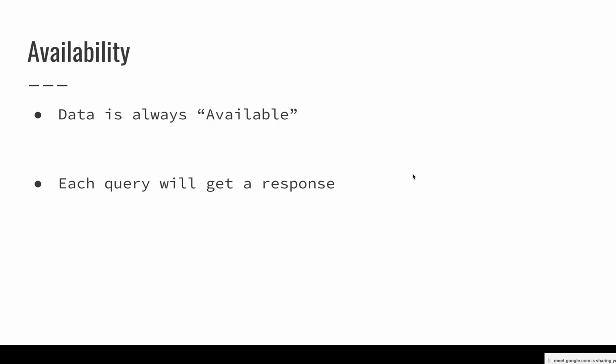Shubham is saying available up to SLA. Yes, that is correct. What Shubham means by SLA is that you can ensure that 99.999% of the time your database responds to the queries. But there is a chance that sometimes your database may not respond to the query because of some reason.